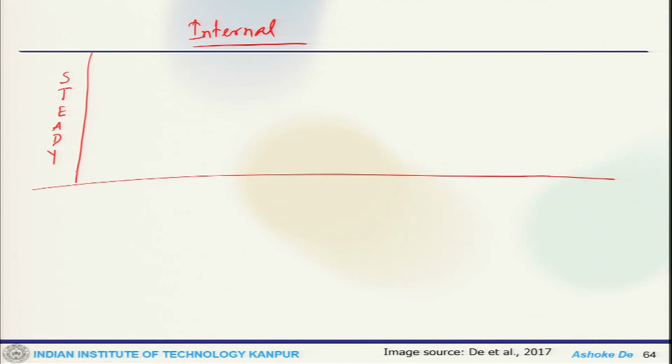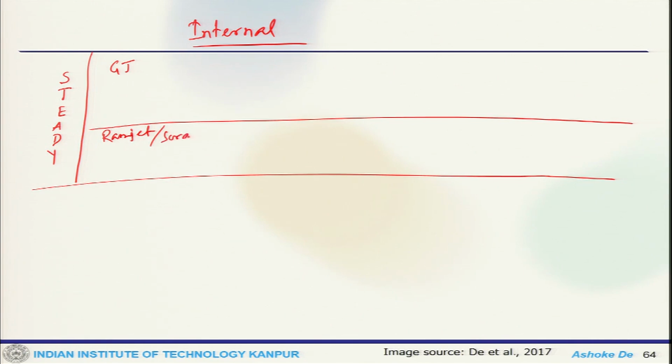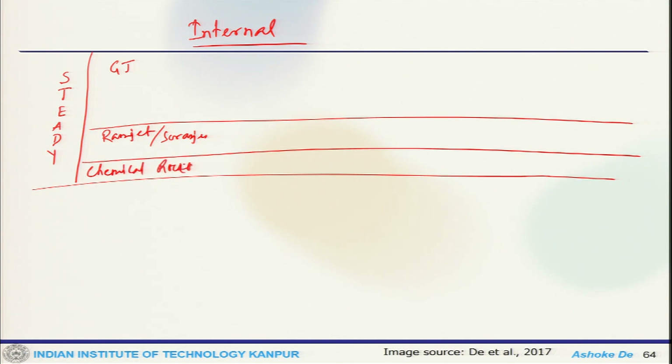Under steady you have gas turbine, then you have ramjet or scramjet, or you could have chemical rockets.